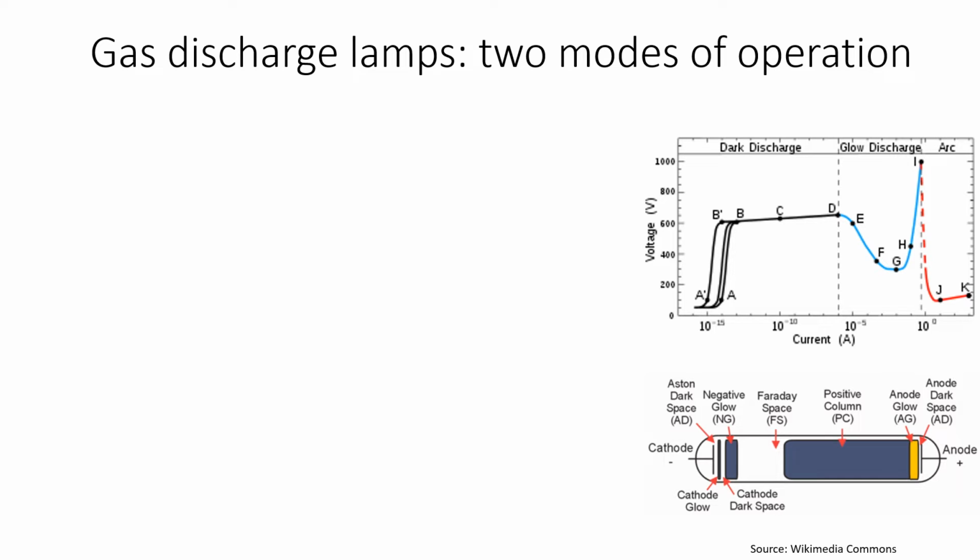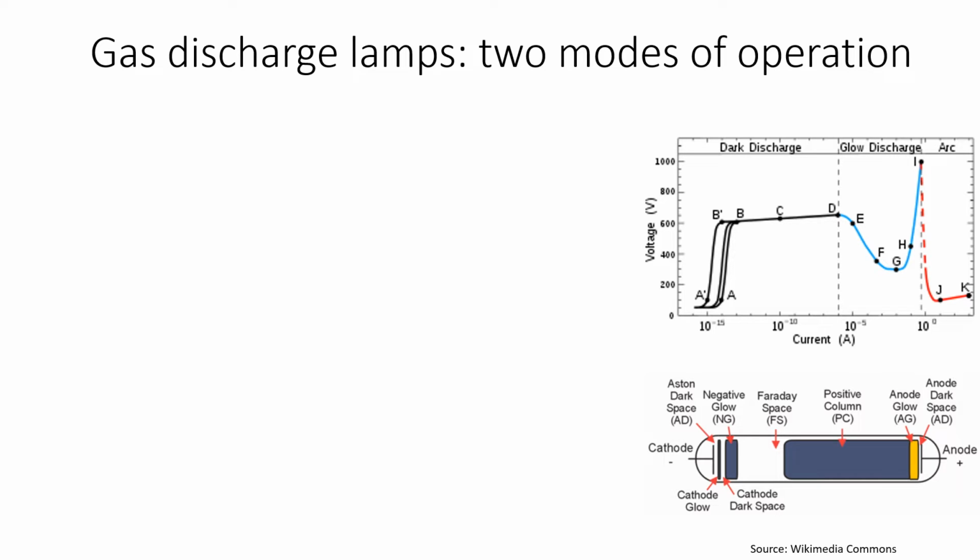One thing that's quite interesting is that as the current increases, the voltage goes down, and so this implies quite a significant drop in resistance. Then we get this critical point where the next vertical line comes along, where it turns from a glow discharge to an arc discharge.